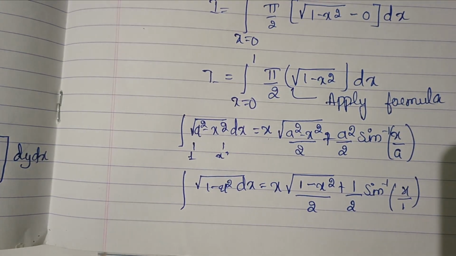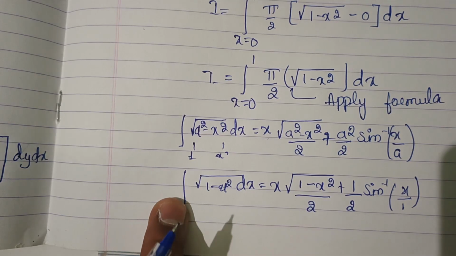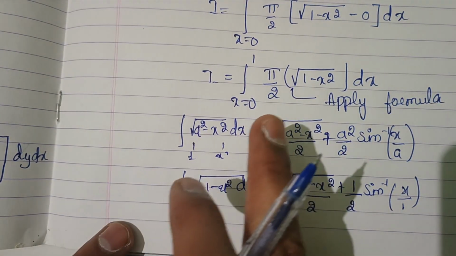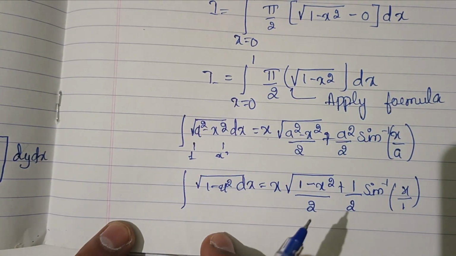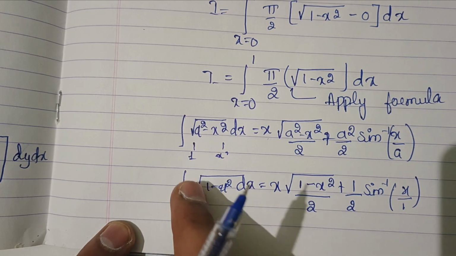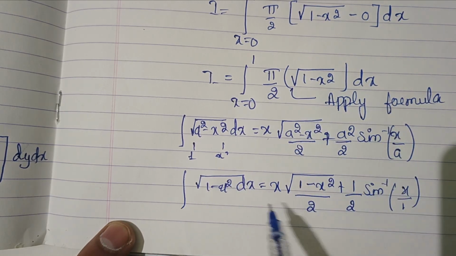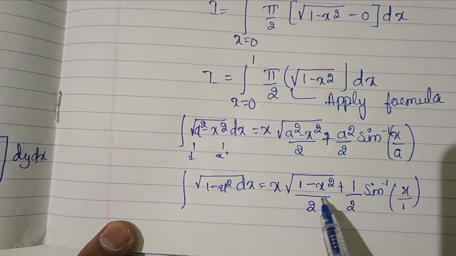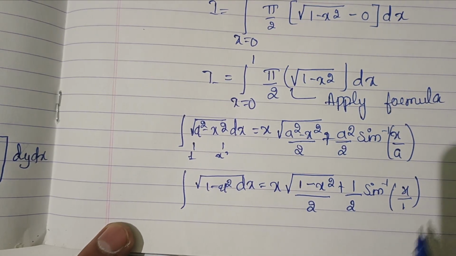The integration with respect to x only: the integration of root of 1 minus x square of the dx is x of root of 1 minus x square divided by 2 plus 1 by 2 of sine inverse x by 1.